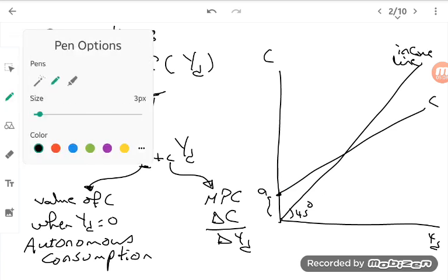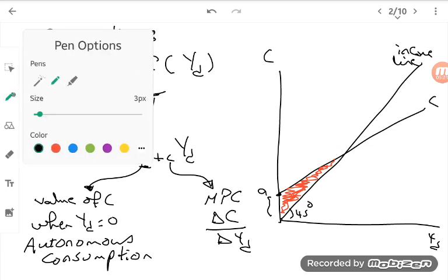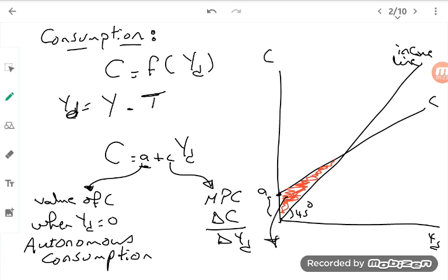So in this area, we can realize that consumption is greater than income, so there is dissaving. You are going to withdraw money from your previous savings or borrow money from other people.